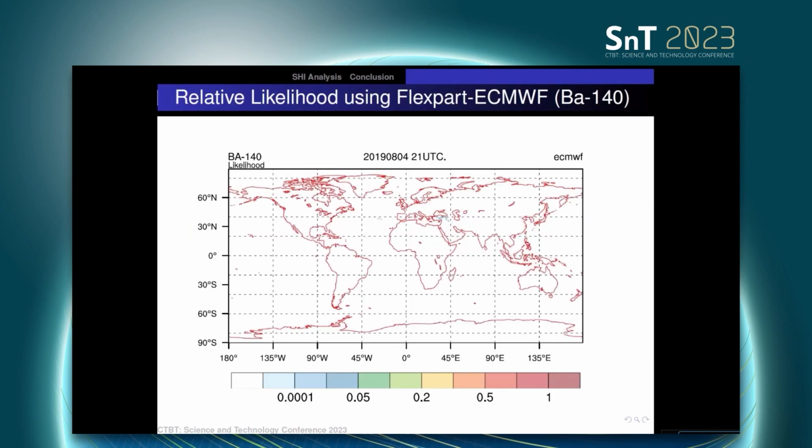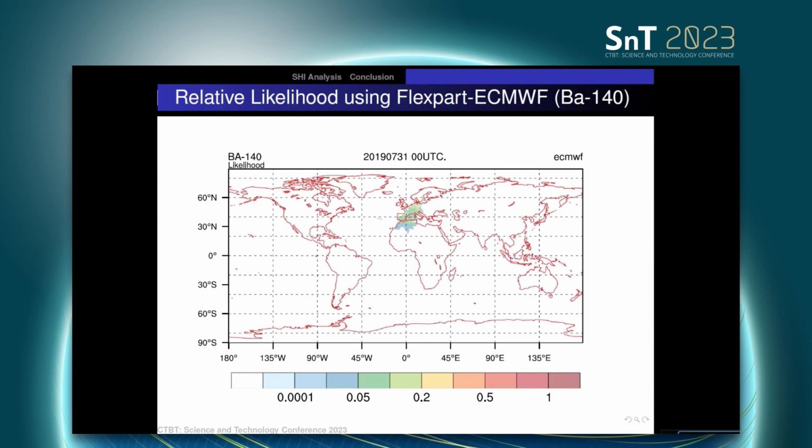Okay, the results. You can see that going back in time, we have some color over the Mediterranean and near the area of the reactors.